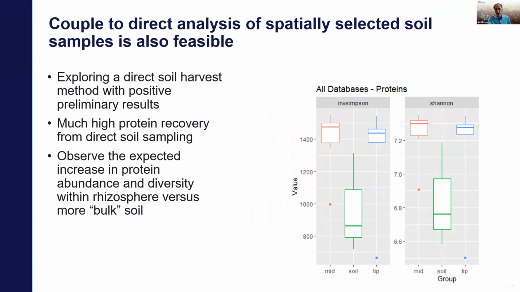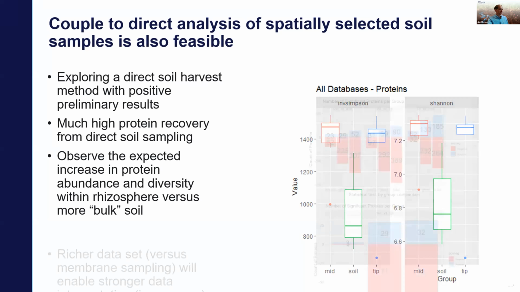We're probably getting a protein bias at some point, but we're also getting a large enough sample set that the bias is not dominating everything that we're seeing. So here we're seeing a much higher diversity, for instance, in rhizosphere soil versus bulk soil further away, still within the same rhizobox, but further away from the root.